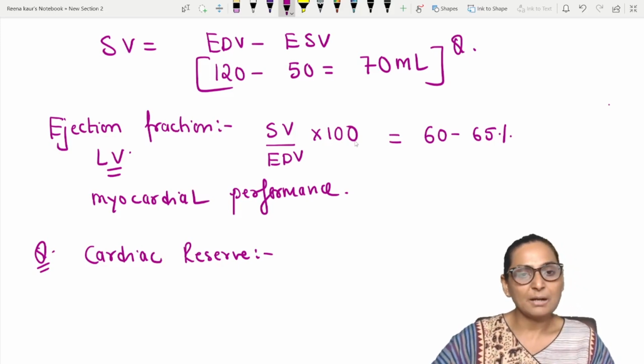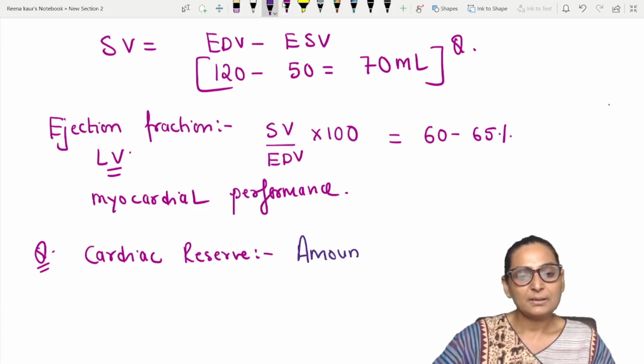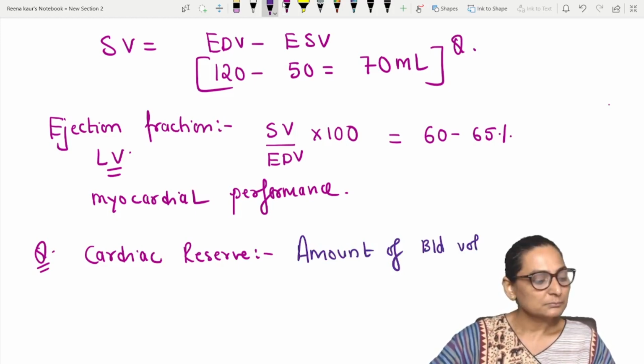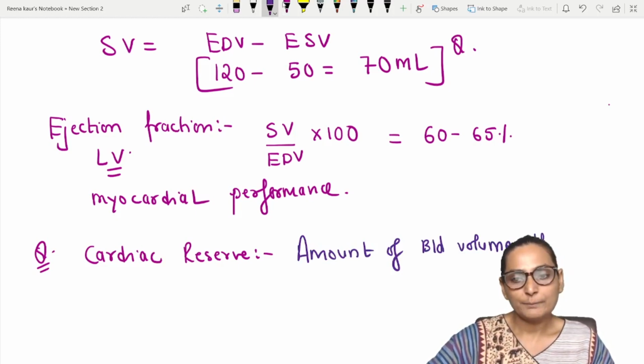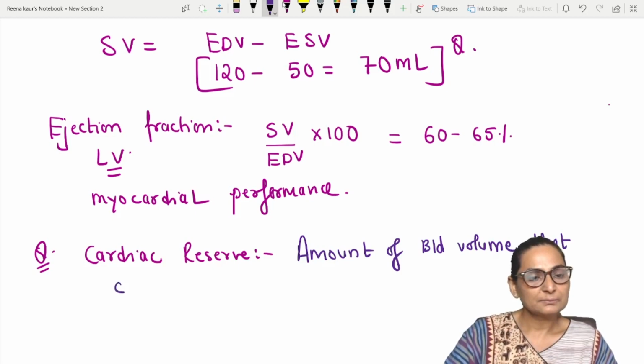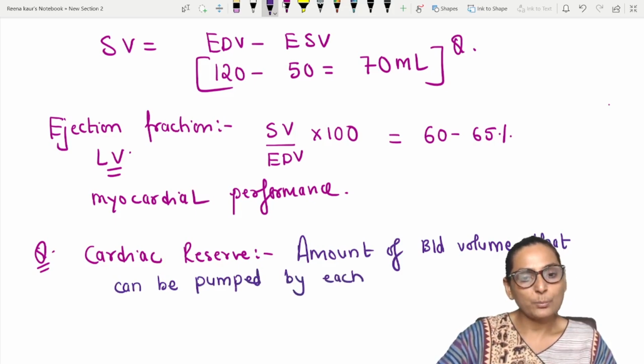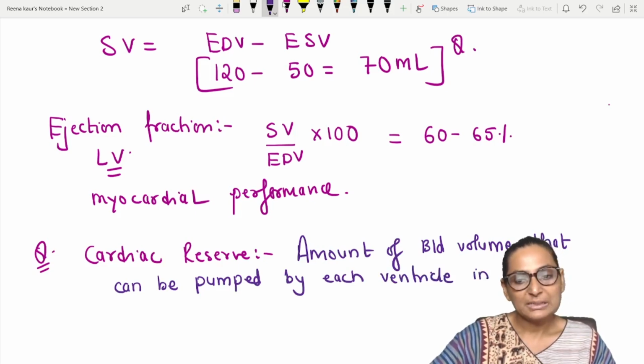So it is the amount of blood volume that can be pumped by each ventricle in excess of cardiac output.